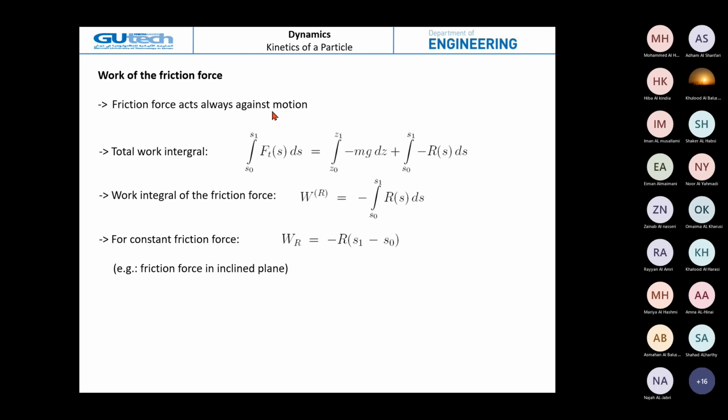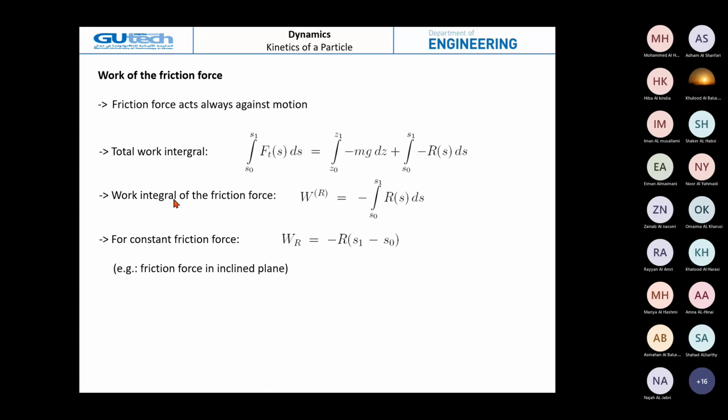Friction force always acts against the motion. That means there is always a minus sign with the force: minus mg dz for gravity, which is always opposite to the direction of the motion, and also the friction force is always opposite to the direction of the motion, and we note it by minus.